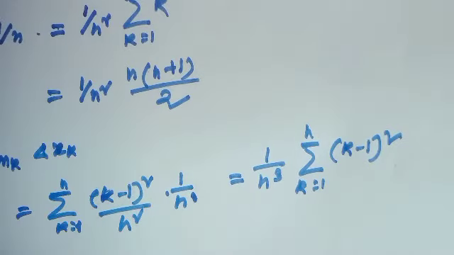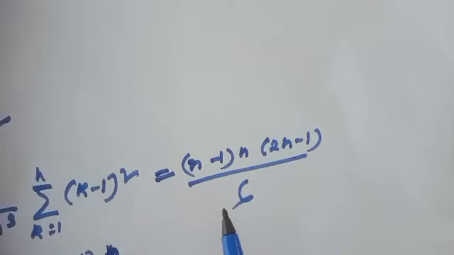Are you getting? The value is similar to (n minus 1) times n times (2n minus 1) over 6.